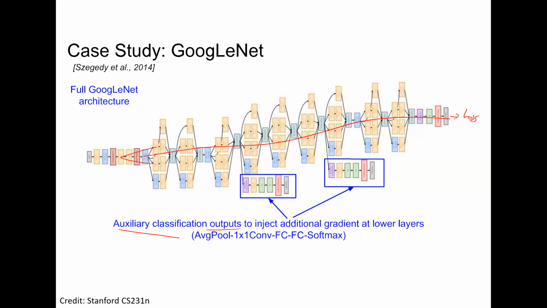So in the middle, they calculated loss, and this classification module is the same as the last one, and they calculate loss here. These two additional losses help the gradient flow.